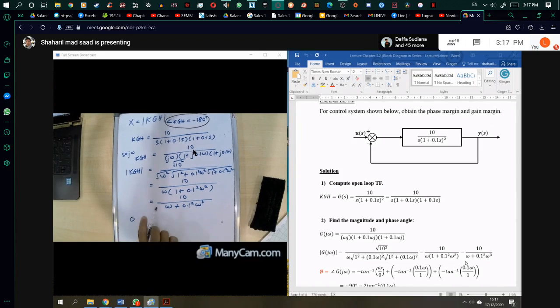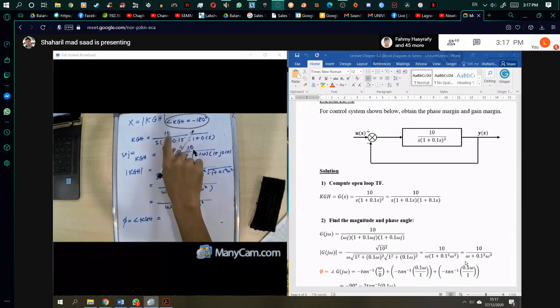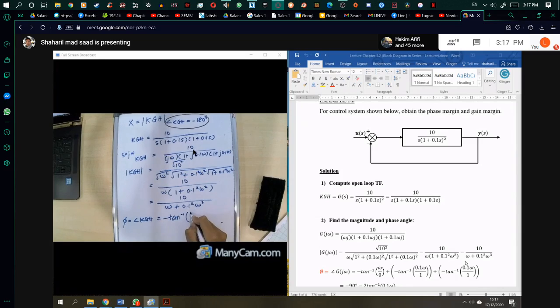And then the phase angle, or I can put it as phase angle of KGH here. So for the phase angle, that means you don't have zeros, you only have poles, so minus tangent inverse of omega divided by 0, right?